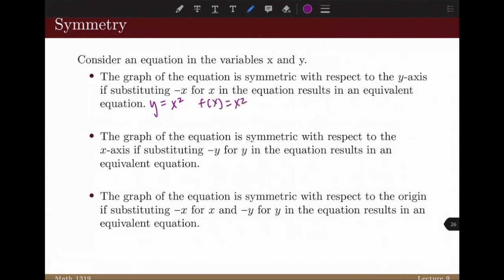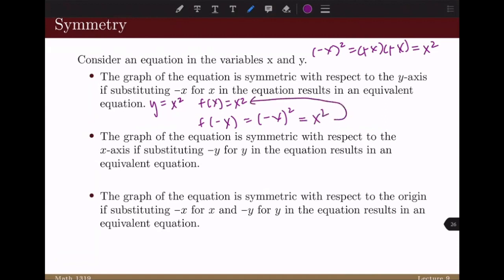So essentially, if we substitute in negative x, f of negative x is equal to negative x squared. And then we remember that negative x squared is equal to negative x times negative x, and negative times a negative is a positive, so this is just x squared, right? We can see that f of x and f of negative x are both the same equation.